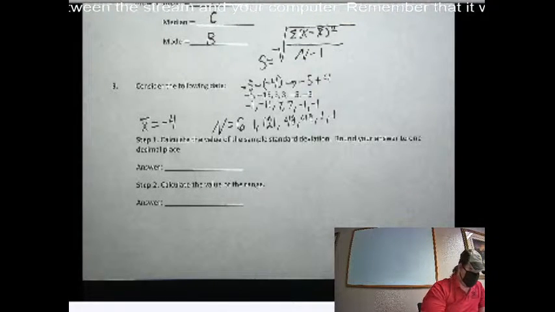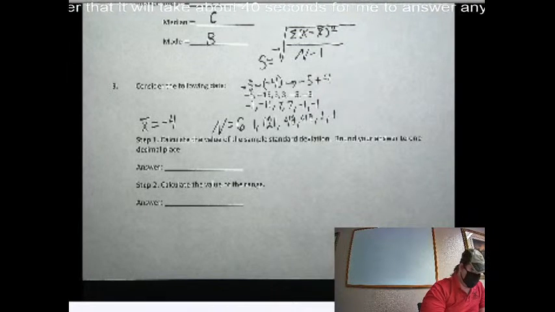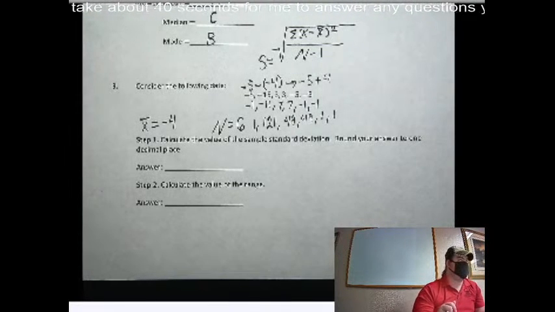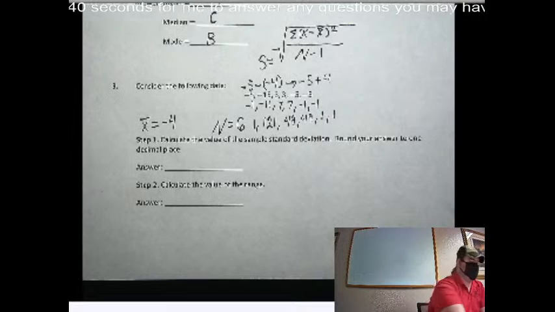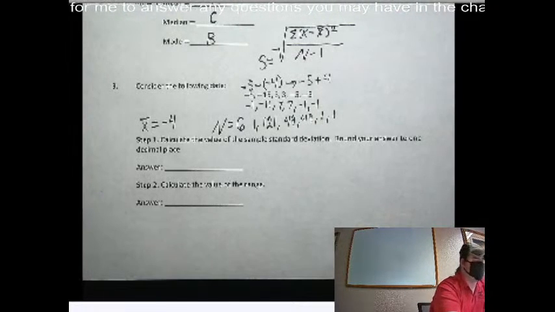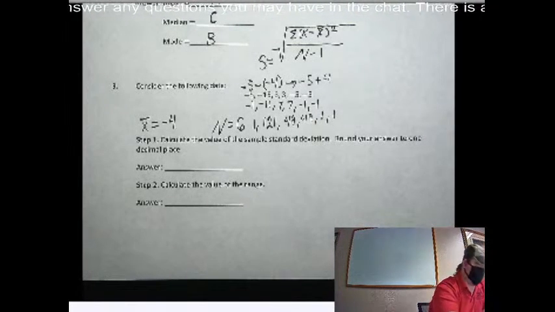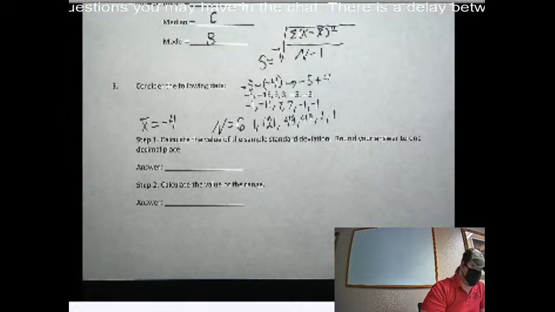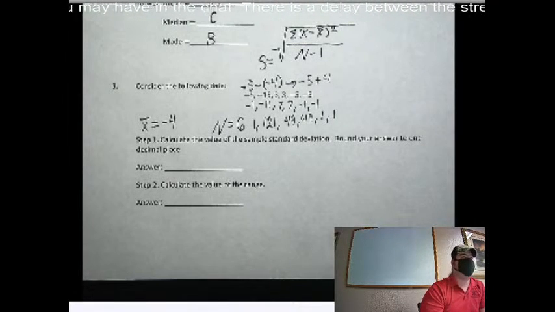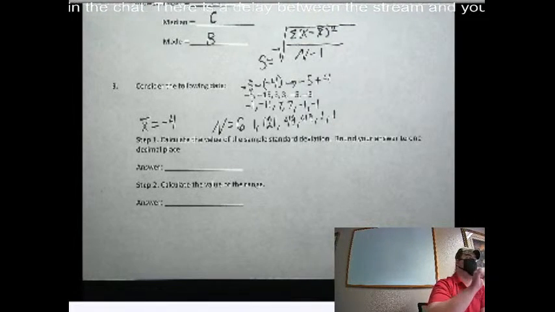So 1 plus 121 plus 49 plus 49 plus 1 plus 1 is 222, and we need to divide that by n minus 1. So what's our n minus 1? 5. And we get 44.4. Now, what does 44.4 represent here?